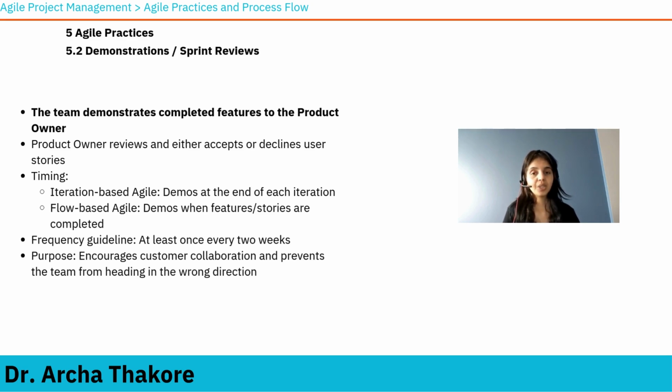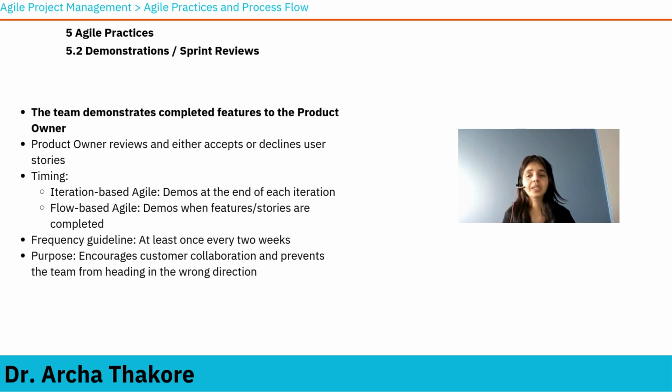In iteration based agile, which I would say is more common, demos happen at the end of each iteration. In flow based agile, demos happen when features or stories are completed. The frequency should be at least once every 2 weeks. It also depends on the sprint duration, but this is the recommended bit.